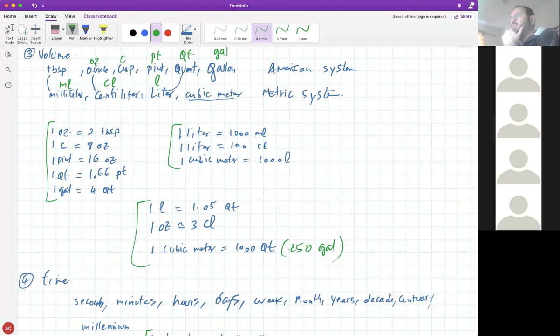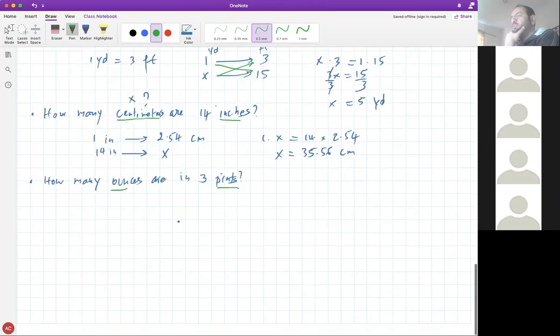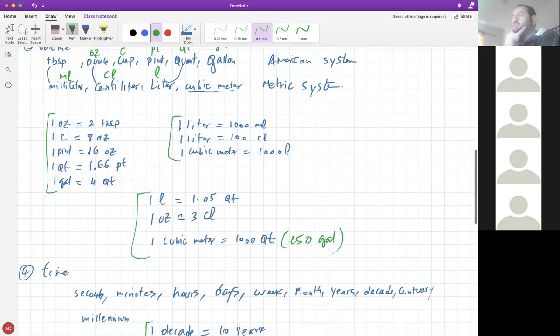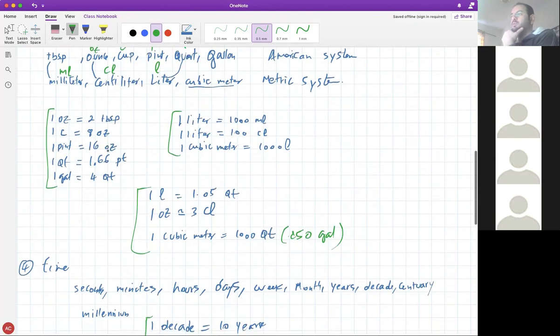Or let me find maybe a better one. So we don't have a formula directly for these two, but we're going to see if we can make them. Actually, we do have pints to ounces. This is it. Pints to ounces, we can use it directly. I thought we didn't have one, but that's good. We don't need an alternative formula.